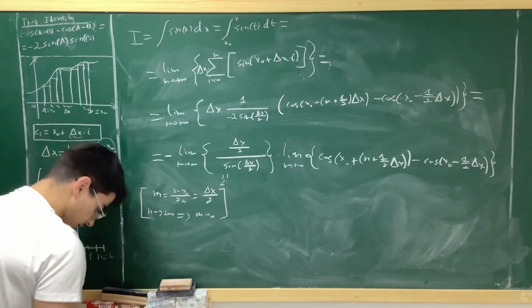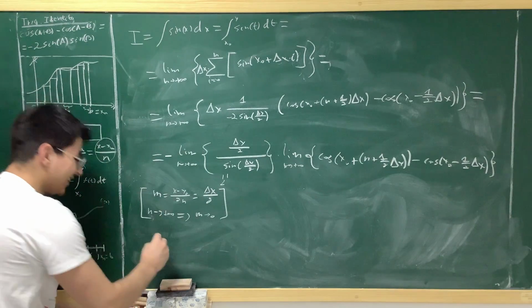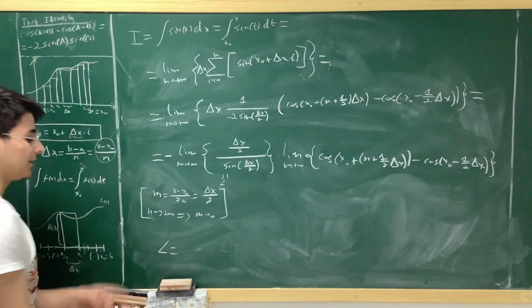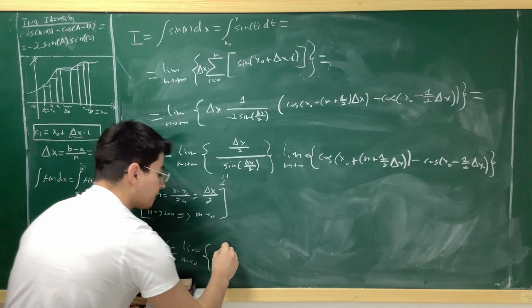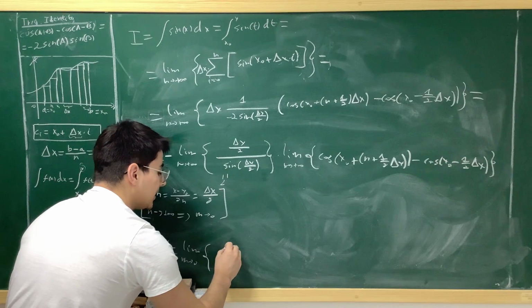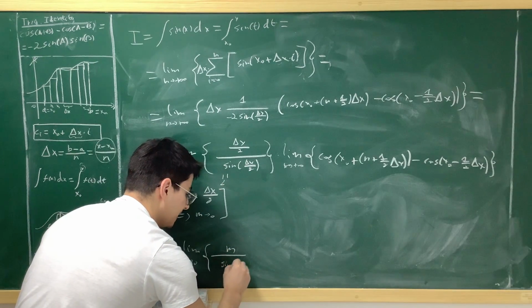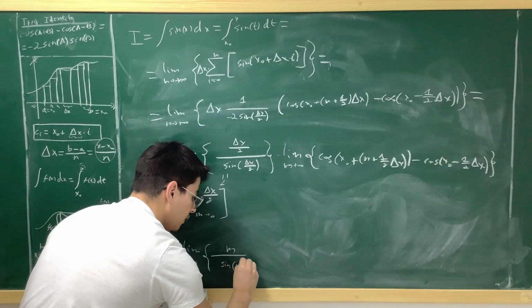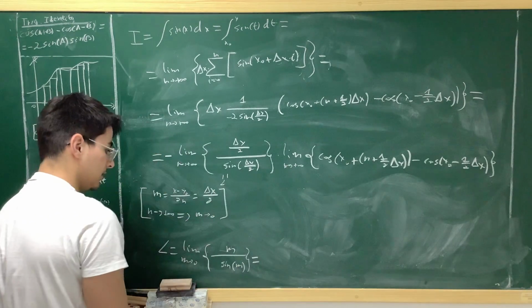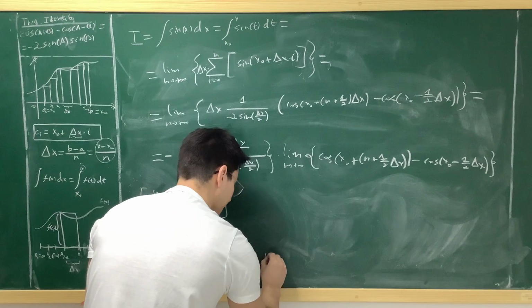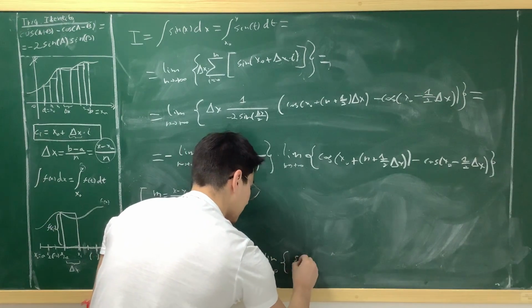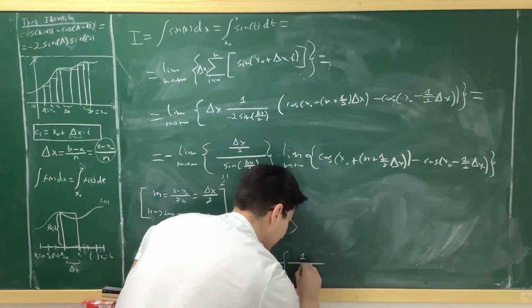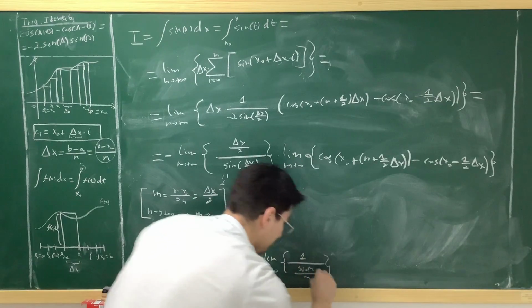So we can rewrite L as the limit, when m, this new variable, goes to 0, of m over the sine of m, which can be rewritten as 1 over the sine of m over m.